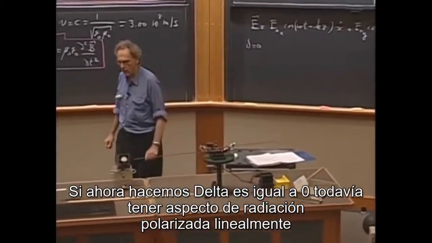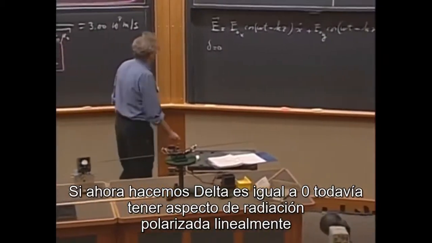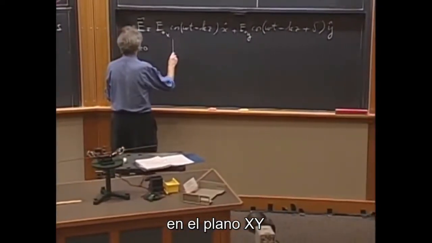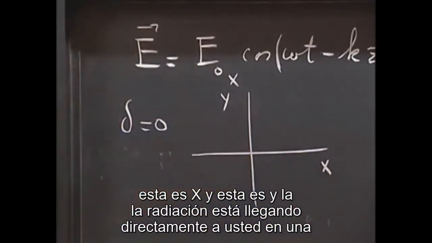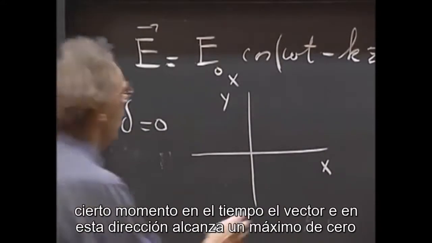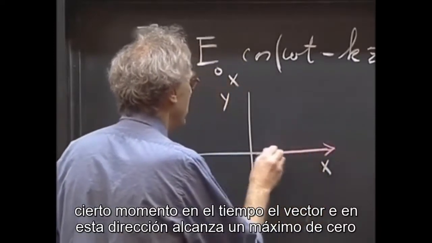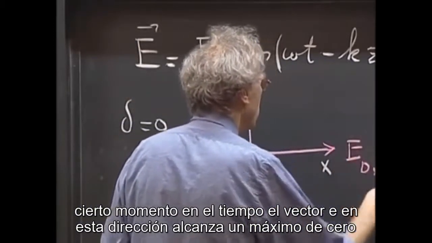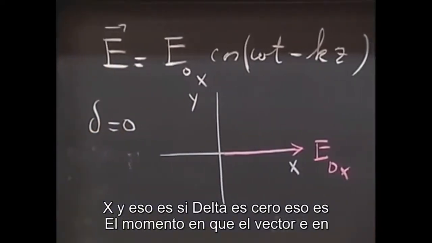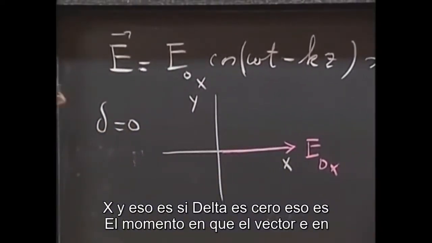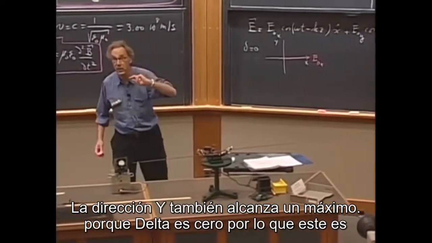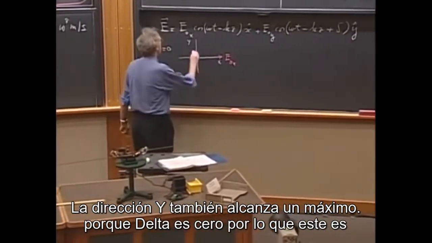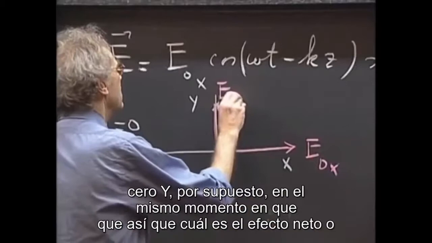If now we make delta equal 0, you still have linearly polarized radiation. Look at the xy plane. This is x, and this is y, and the radiation is coming straight to you. At a certain moment in time, the E vector in this direction reaches a maximum, E0x. And if delta is 0, that's the moment in time that the E vector in the y direction also reaches a maximum, because delta is 0.